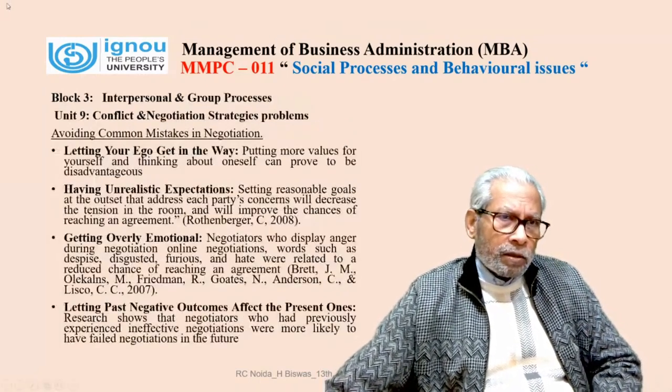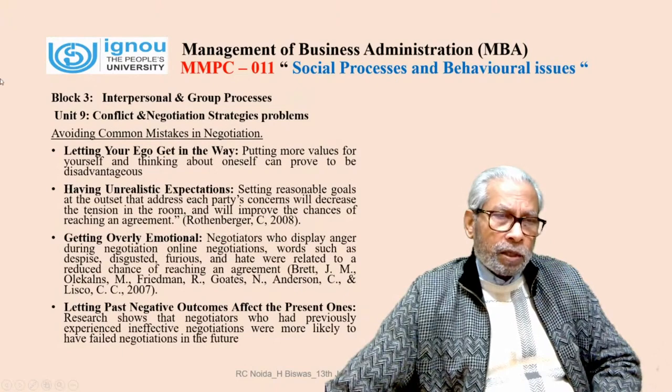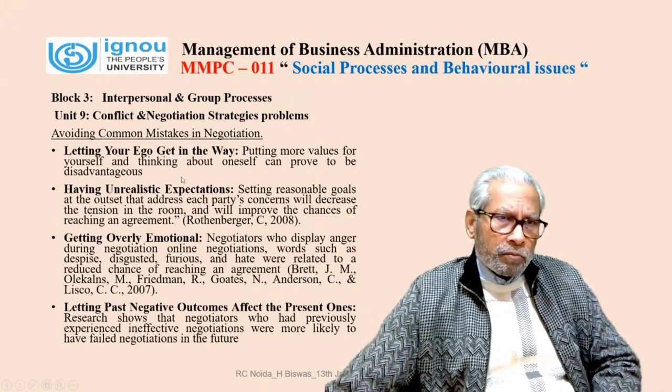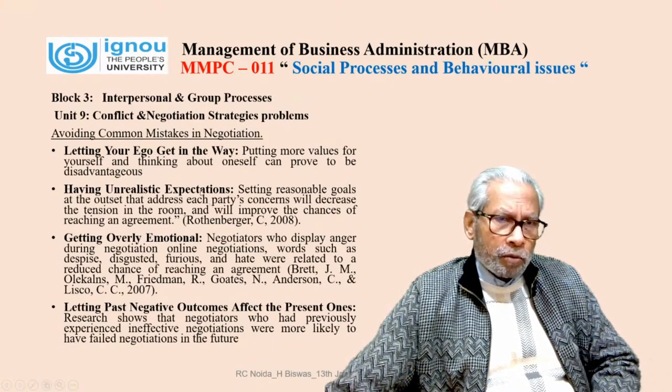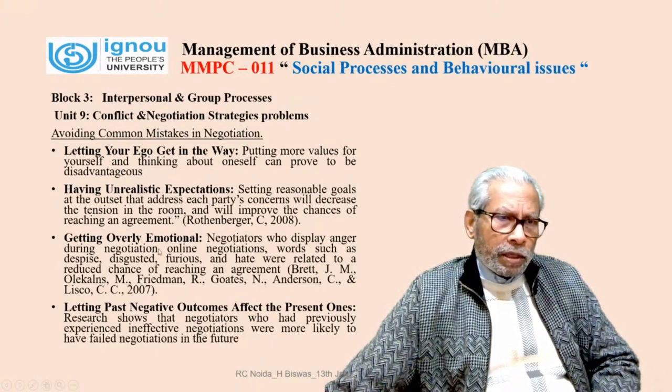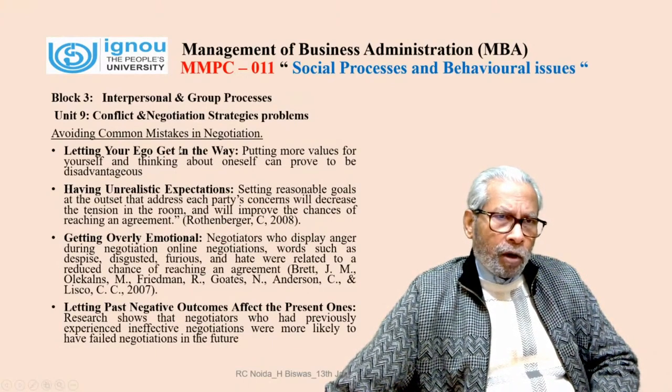First, letting go of ego: ego should not be there. Expectations should not be too high. There are a lot of common mistakes that we are trying to avoid during the negotiation part. If we have ego, then it cannot come out in a final result.